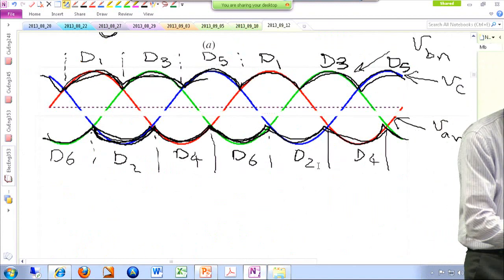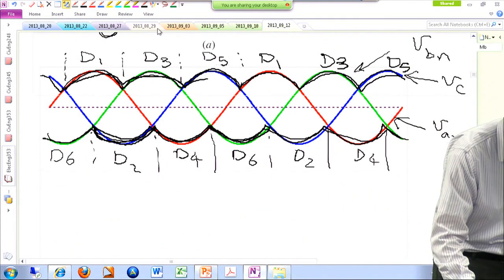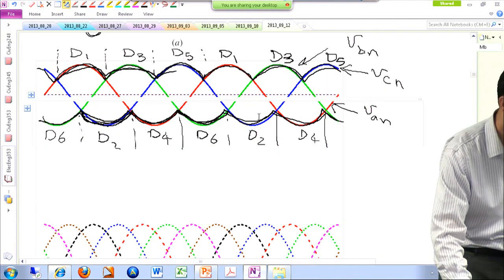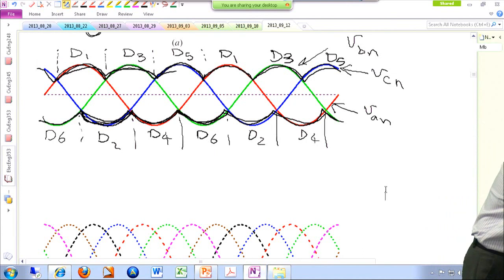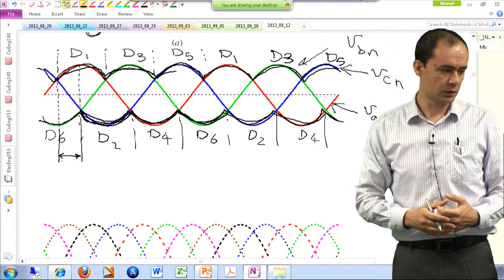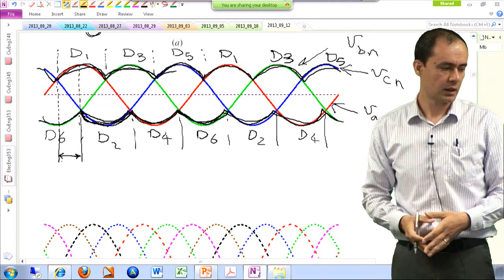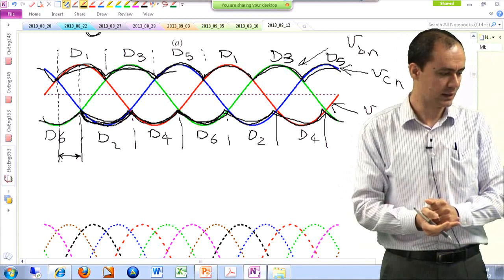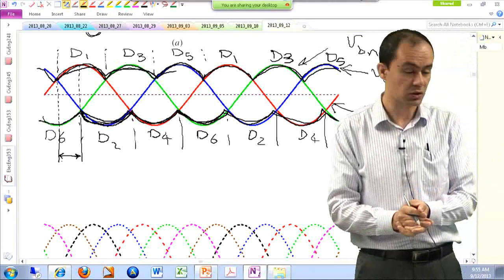Okay, so let's focus, for instance, on this time interval. The positive terminal of the load is following VAN, and the negative terminal of the load is following VBN.